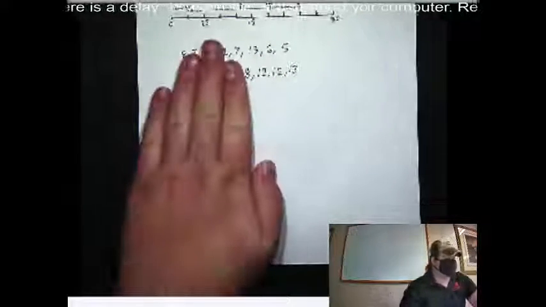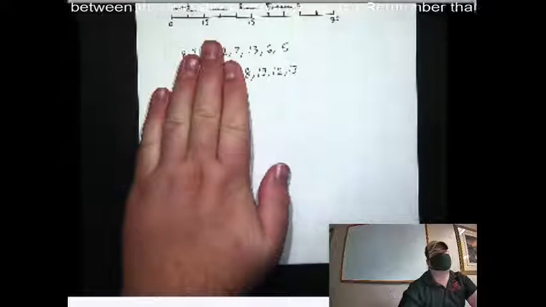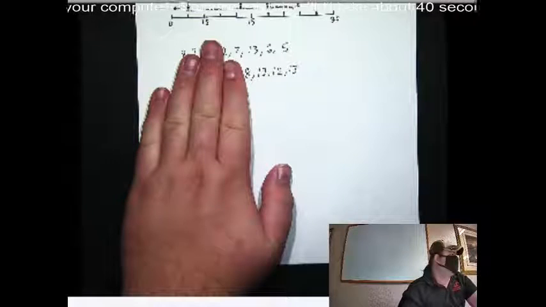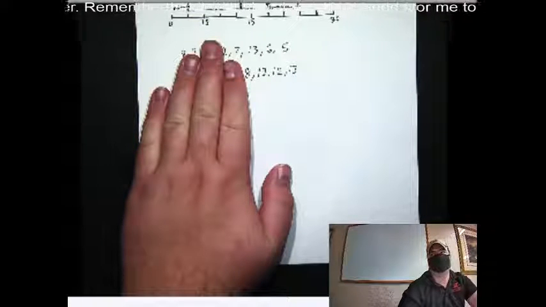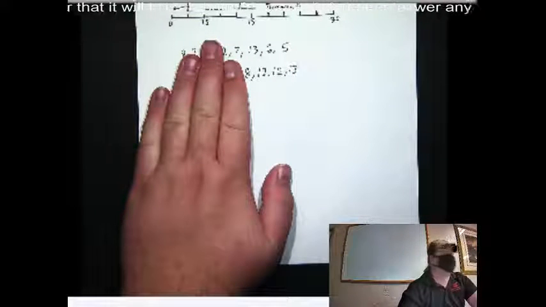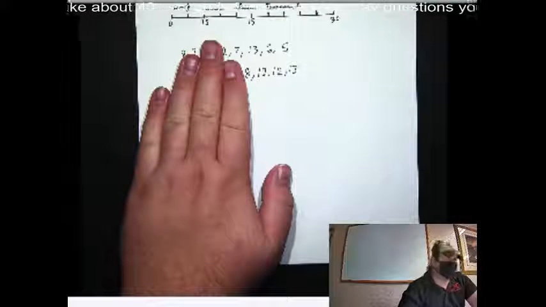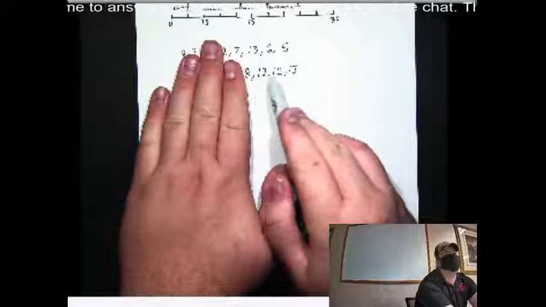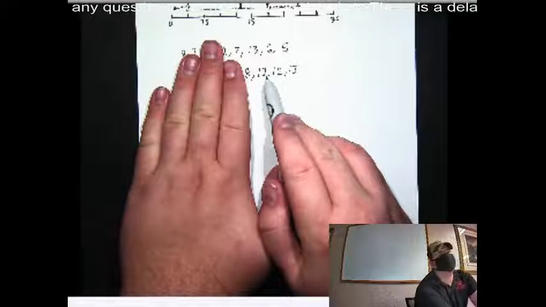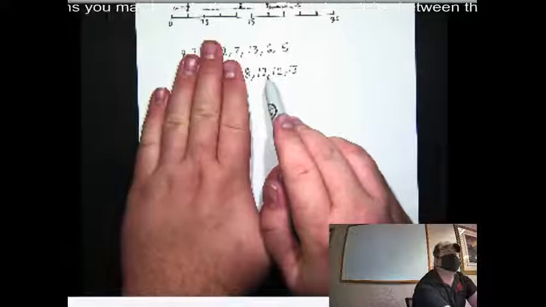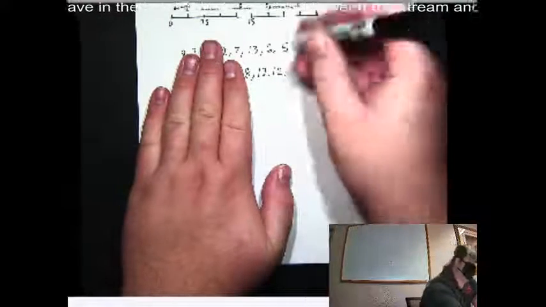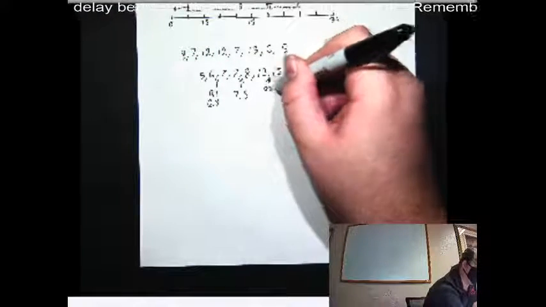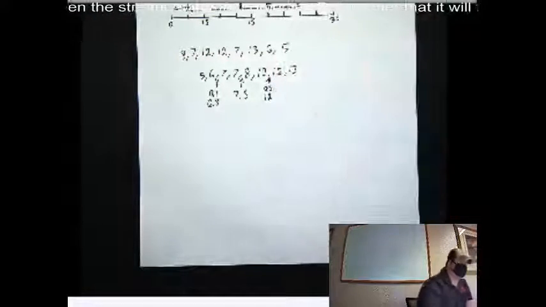Okay, looking at this side of our data, what's our median? 12, yeah. So both things on each side of the median are 12. So yeah, if you were to do 12 plus 12 divided by 2, you'd get 12 again. So our median actually is 12. So Q3 is 12. Okay.